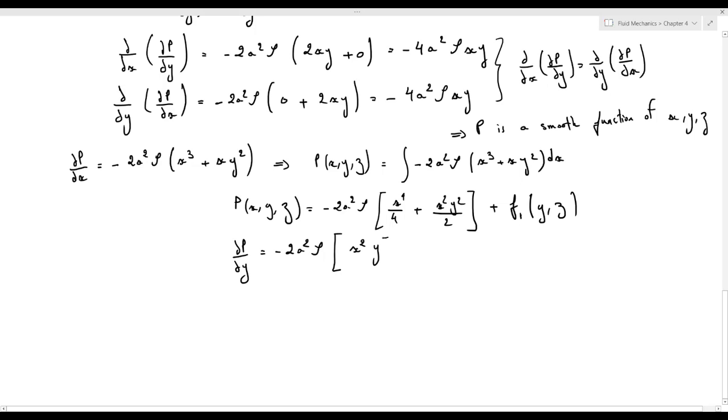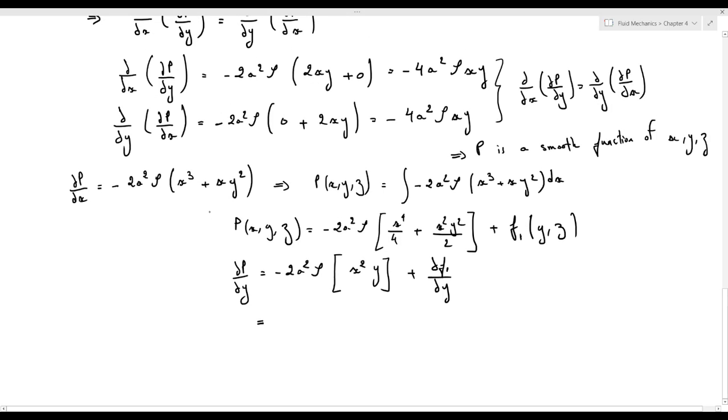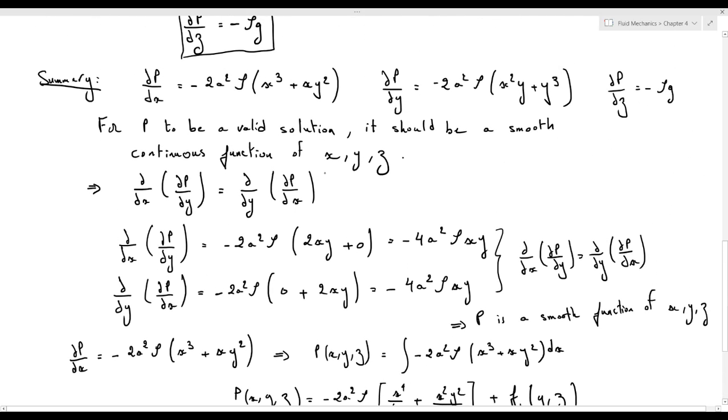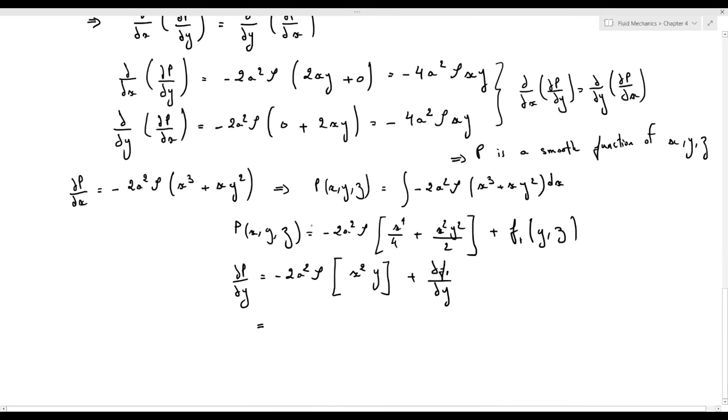So if we now compute the partial derivative of p(x, y, z) with respect to y, we will obtain minus 2a² ρ x²y plus ∂f1/∂y. And we equate this result to the original expression for the partial derivative with respect to y, which is equal to minus 2a² ρ (x²y + y³).